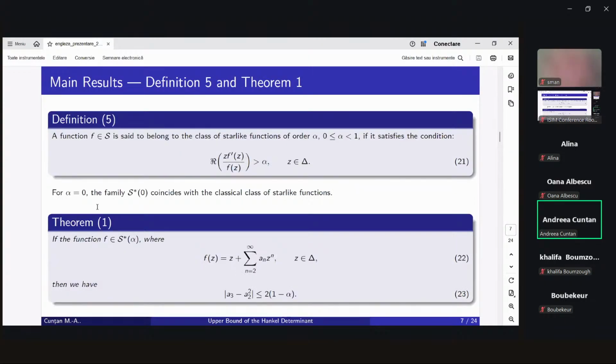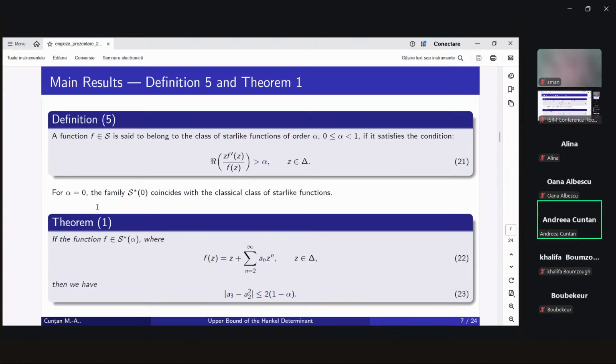My results. Definition 5 and Theorem 1. Definition: a function f belonging to S is said to belong to the class of star-like functions of order alpha, 0 less than or equal to alpha less than 1, if it satisfies the condition in the next relation.